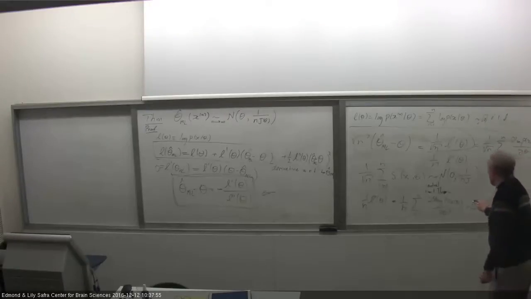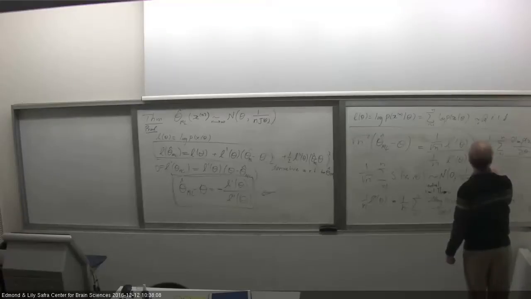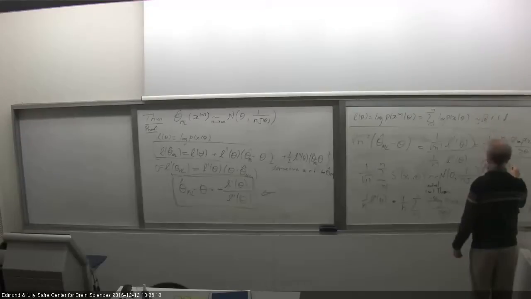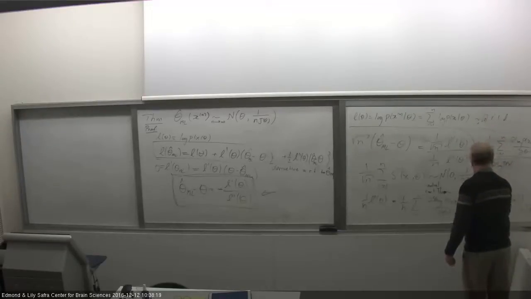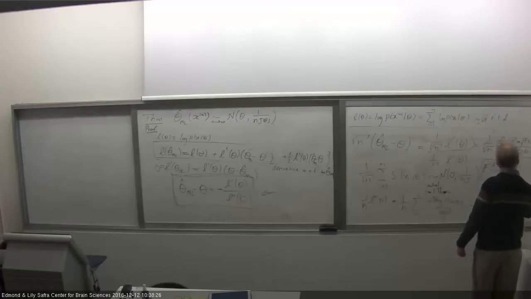Now why is this true? In other words, I'm using a fact here which you're going to show. I want you to see it yourself. The expectation of the second derivative, with a minus sign, yeah, there's a minus sign here, minus the expectation of the second derivative is the same as the expectation of d log p(x) squared.